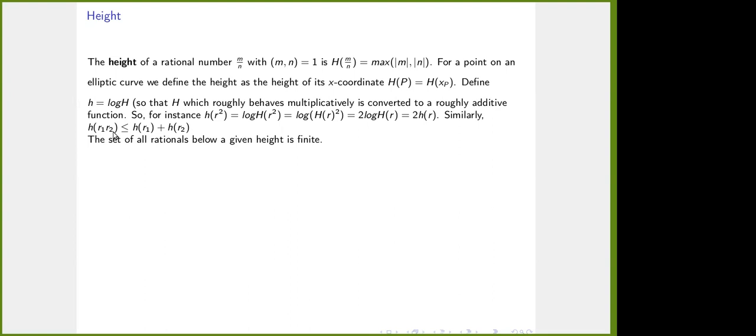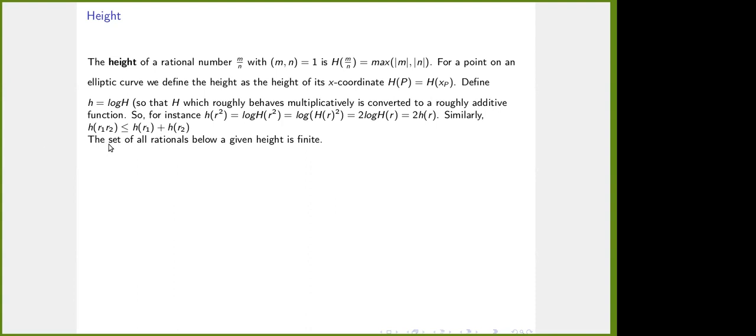But note that the height of R1 R2 is in general not equal to h of R1 plus h of R2, but it's less than or equal to, because when you multiply two rationals, there might be some cancellation, and that cancellation can lead to problems in the sense that the height drops. Ideally we would like the height to drop, but sometimes we need lower bounds on the height also. So that sometimes complicates our proofs.